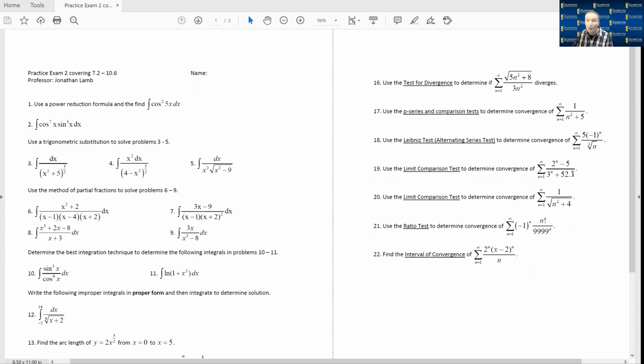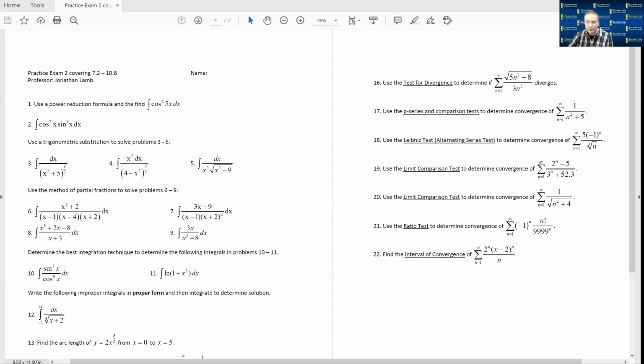Now, what I want you to do in this problem, a little common sense goes a long way in these problems. Whenever you look at this, you just say, well, that minus 5 and that plus 52.3, those kind of seem like wasted values. Well, they are. They really don't impact the size of this fraction as n is getting large.